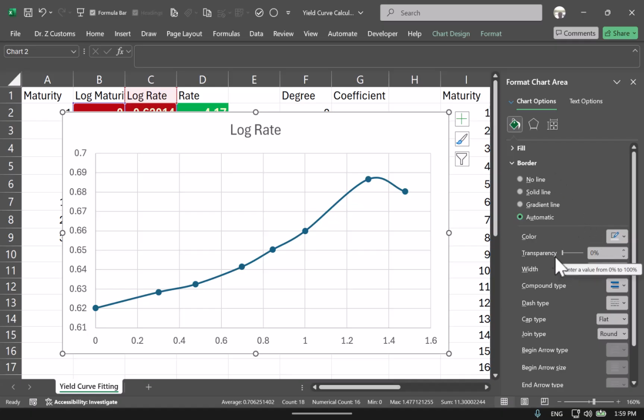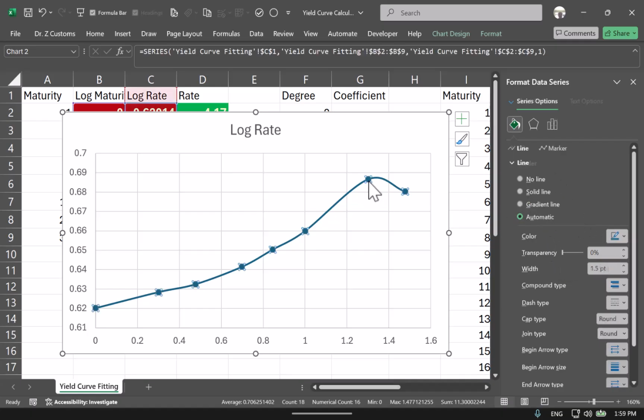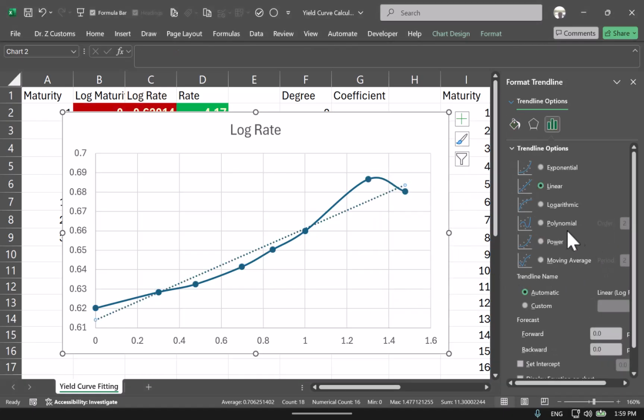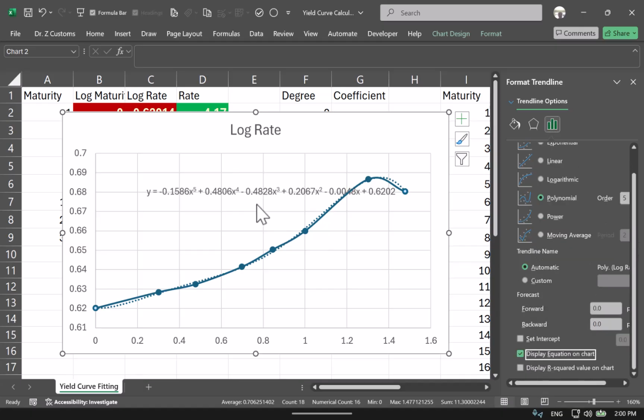And trend line, polynomial. Let me see what it's going to do if I do 6. Yeah, 5 seems to be better. Okay, and okay.